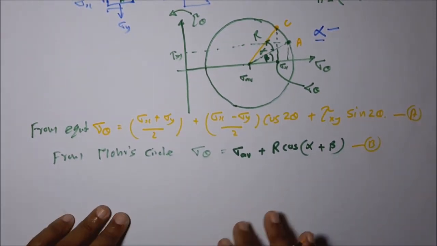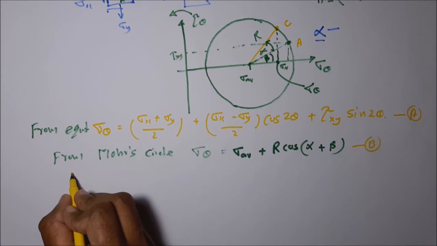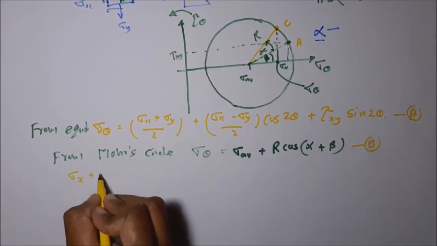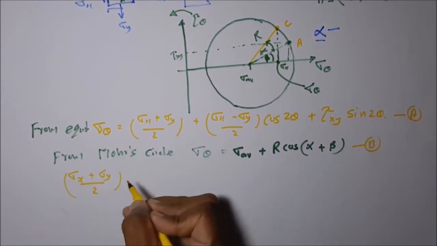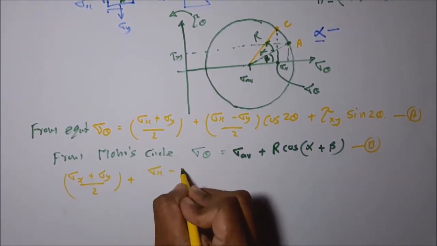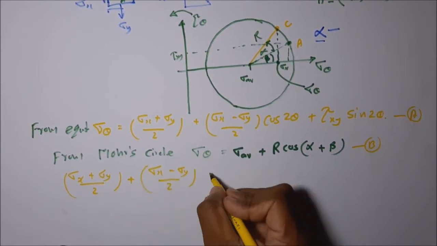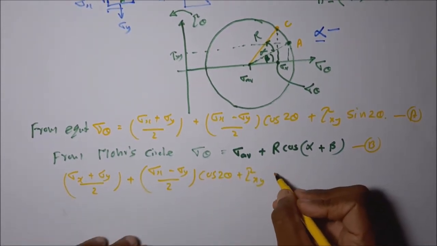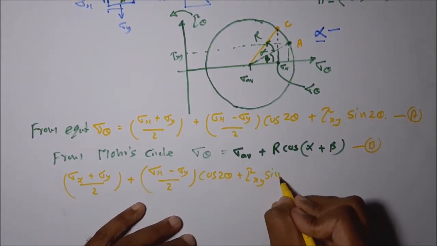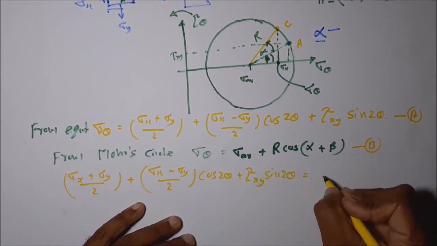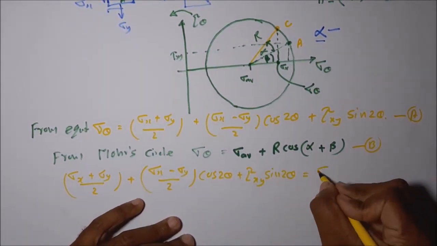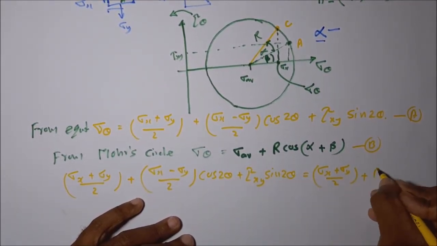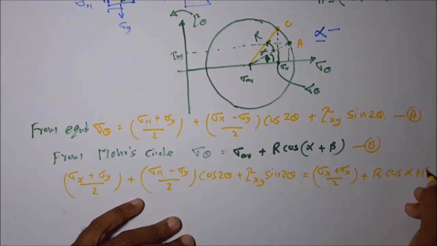So I will write that. Sigma x plus sigma y divided by 2, plus sigma x minus sigma y divided by 2 cos 2 theta, plus tau xy sin 2 theta should be equal to sigma average, which is sigma x plus sigma y divided by 2, plus R cos of alpha plus beta.